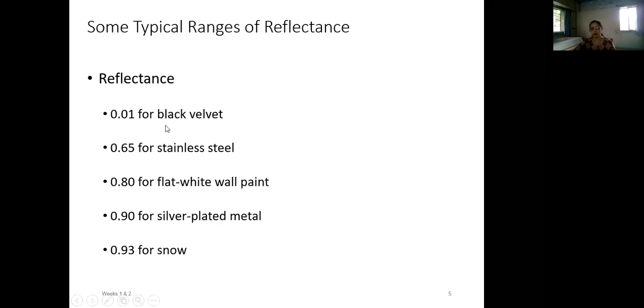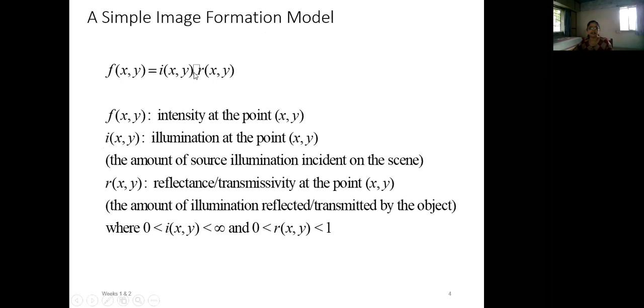So as you move from black to pure white color, reflectance increases, and as reflectance increases, it means the object reflects almost the entire energy which is incident on it, and that's why we can observe that object as white. Okay, so these are typical reflectance values, and this illumination or energy incident on the object can take any value between 0 to infinity, and a small percentage of this original energy is reflected.